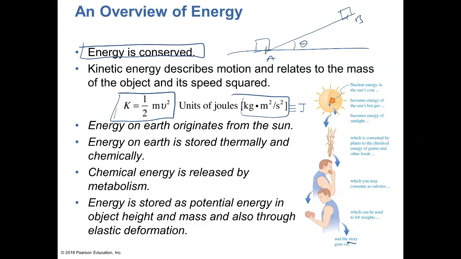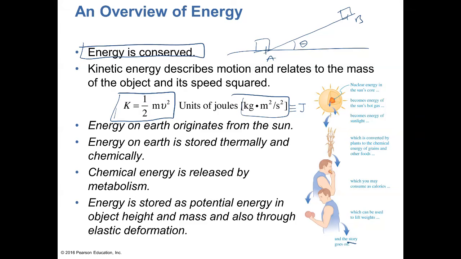And right now we're strictly talking about kinetic energy, which is 1/2 mass times speed squared. Again, it is energy of motion. And if you're at rest, your speed is 0, so your kinetic energy is 0. That's why kinetic energy is the simplest one, because it technically depends only on your motion.